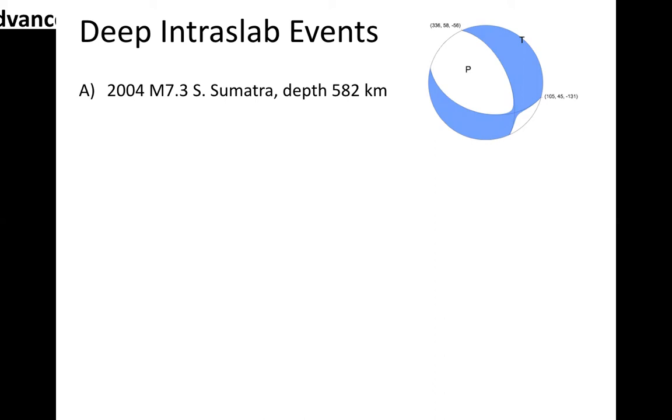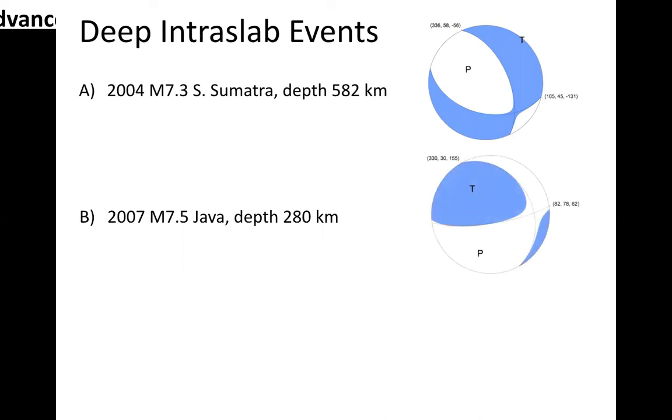Slab flexure can also create intralimb shear, which can create reverse fault or thrust mechanisms parallel to the dip, which may be the case with the 2007 magnitude 7.5 beneath Java. Slab unbending, or bending in the opposite direction as it descends, may also create reverse mechanisms.